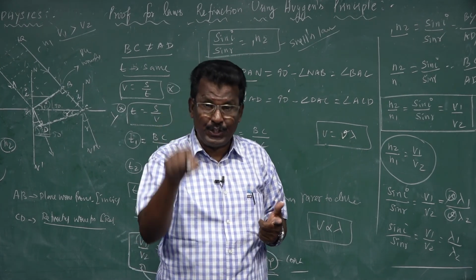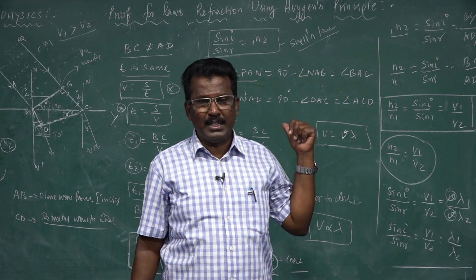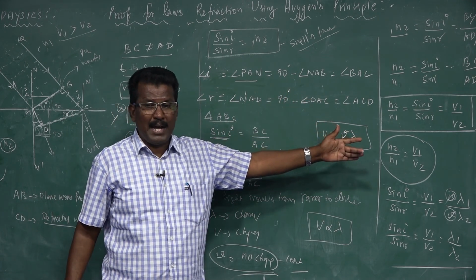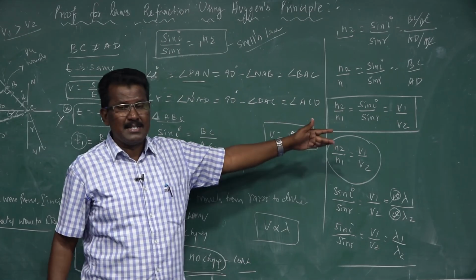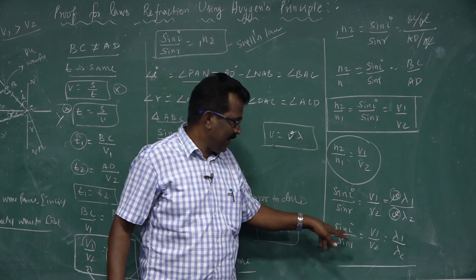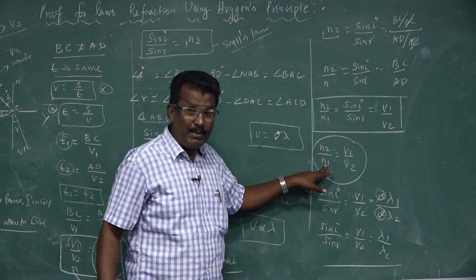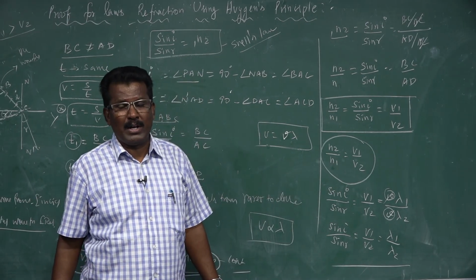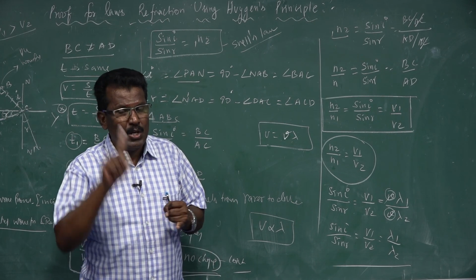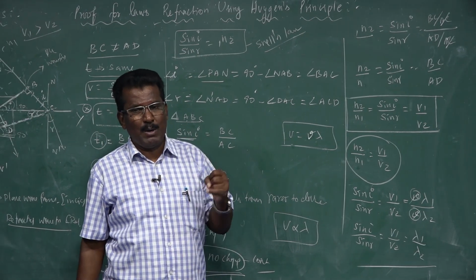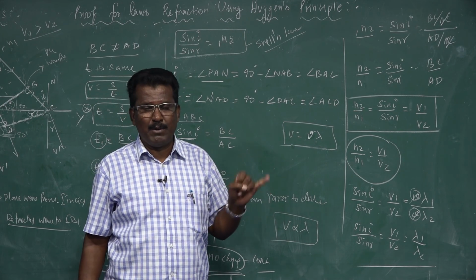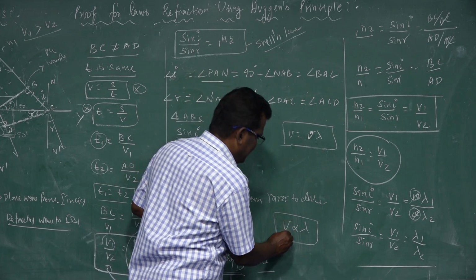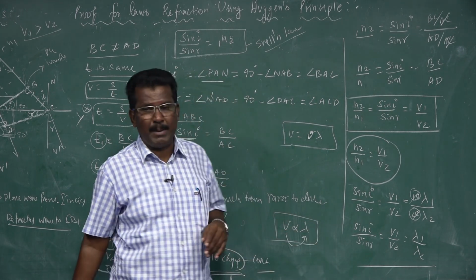Using Huygens' principle, we proved that the sine of the angle of incidence to the sine of the angle of refraction is equal to a constant. That is, the refractive index of the second medium with respect to the first medium is equal to V1 by V2, also equal to lambda 1 by lambda 2, where 1 represents the rarer medium and 2 the denser medium. So V1 is proportional to lambda 1 and V2 is proportional to lambda 2. Generally, velocity is proportional to lambda, but the frequency remains constant.